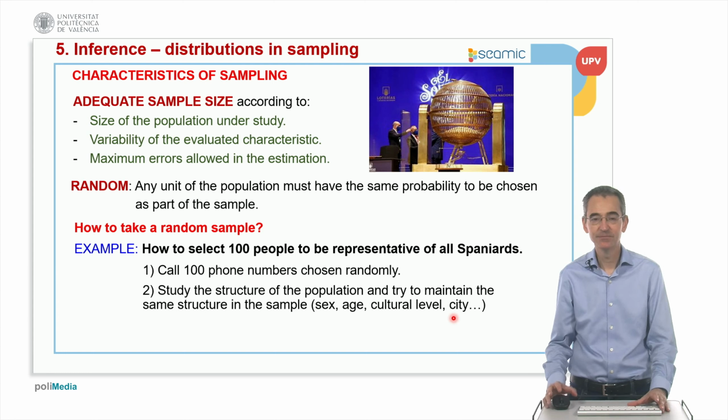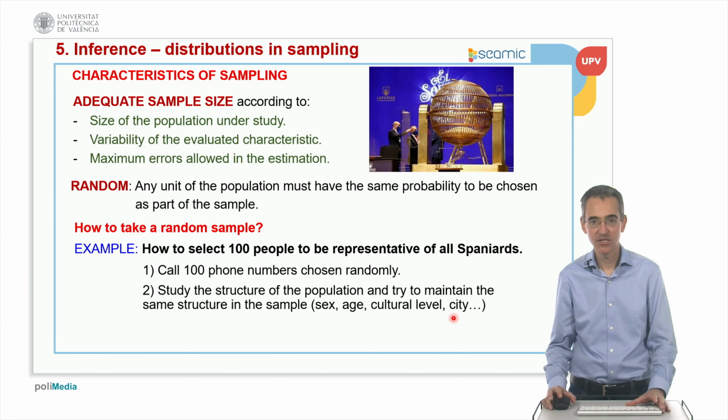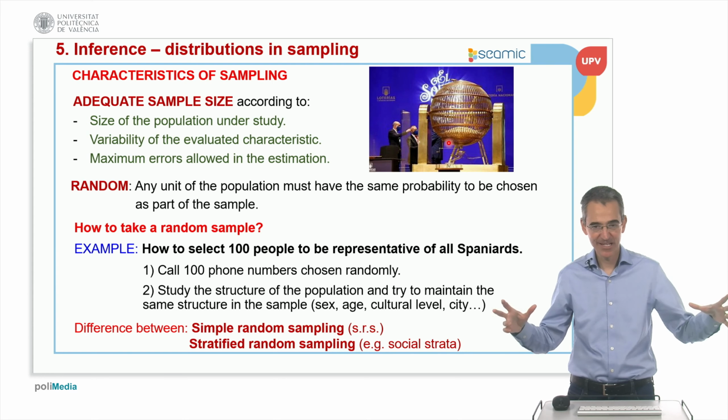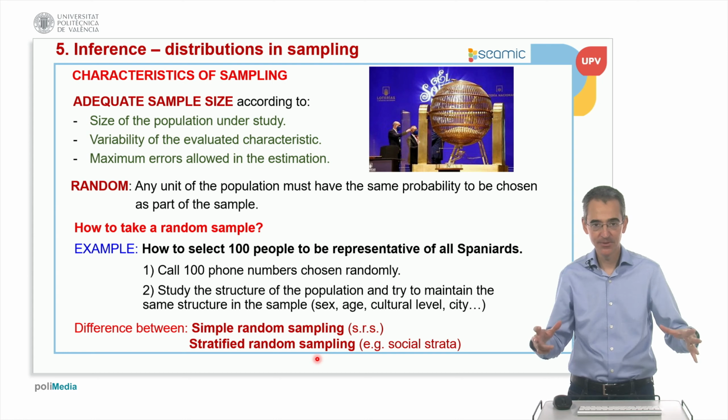So taking a good sample of people when we have to conduct a survey in a large population is not so easy sometimes. This is the difference between random sampling, like the case of the lottery, where we have all individuals more or less identical, and a stratified random sample, like the case of people that belong to different social strata.